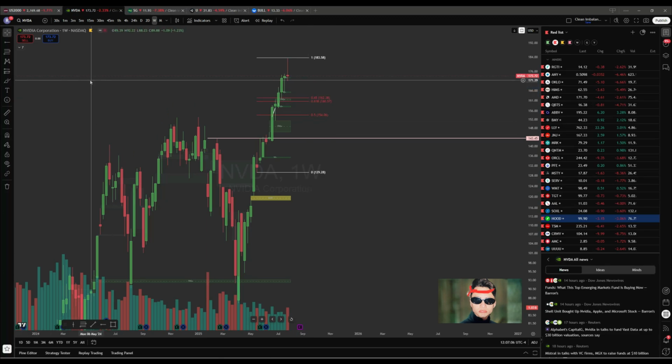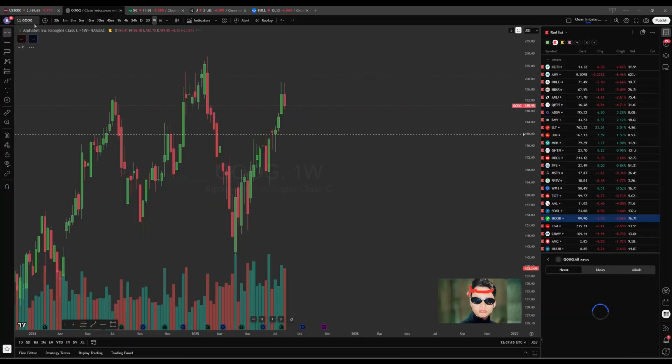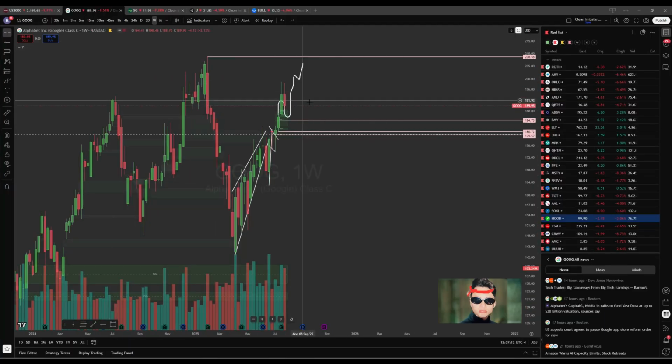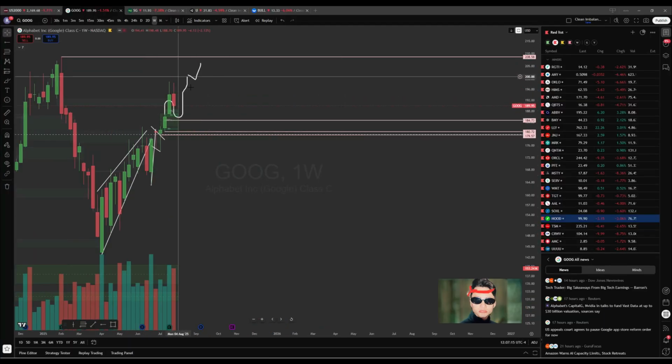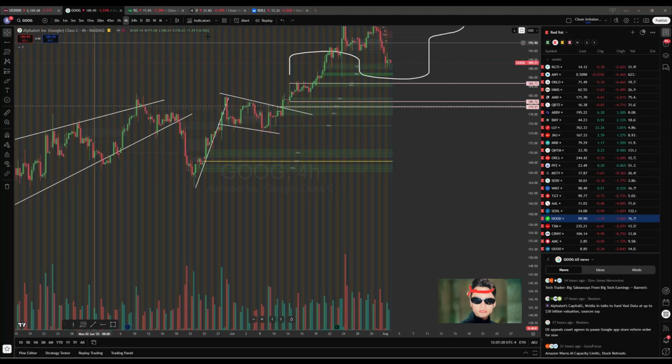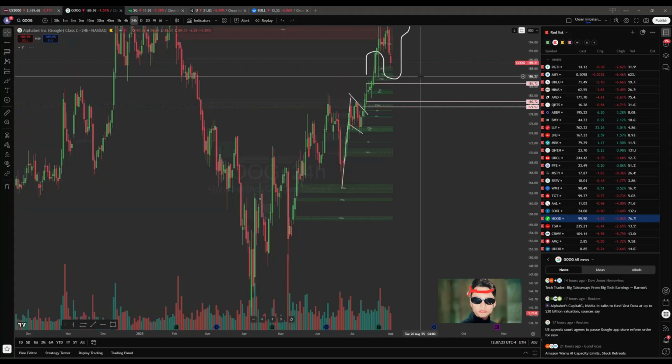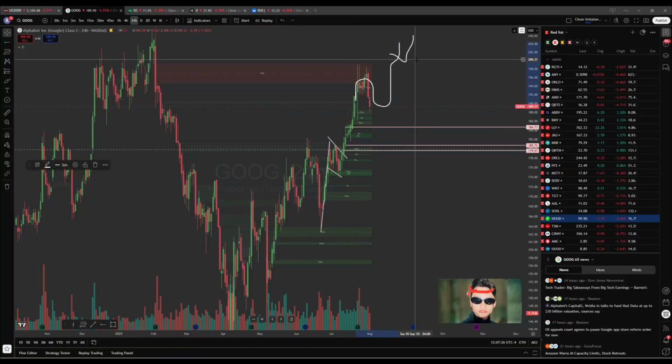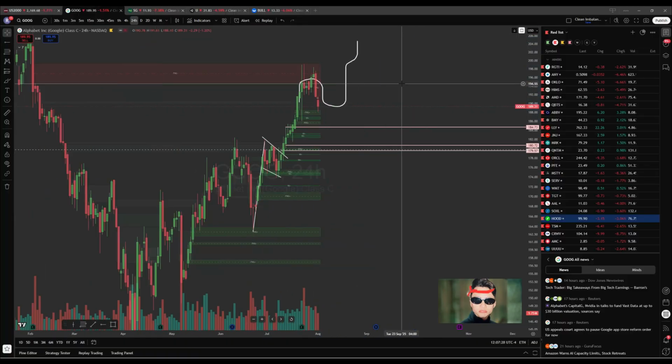That's Google. Google's not looking that bad. I had this drawn already. So for Google, maybe, yeah, look, all of these green candles, this was your low, you broke below.